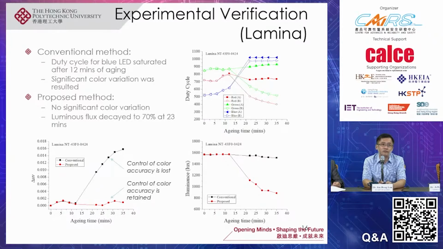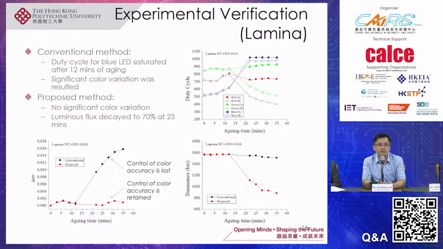And then the duty cycle will remain there. That means we have already lost control of the luminous flux of the blue LED. But if we look at the green and the red one, we still have control. The duty cycle keeps on increasing to compensate for the aging. But in this case, the color point has definitely changed because we are no longer able to control the luminous flux of the blue LED. So that is the problem with the conventional control methods.